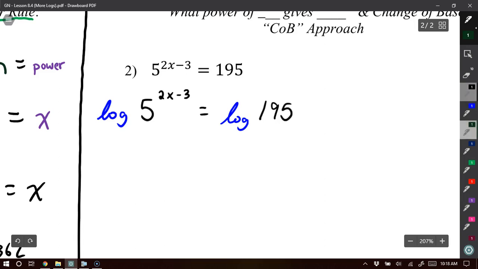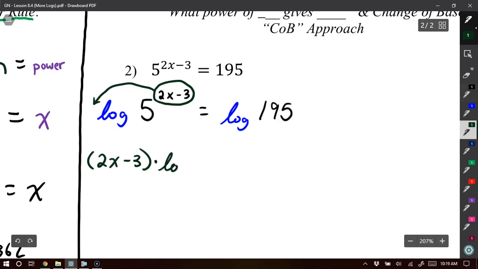So log and power. I'm going to take the power and bring it down. And when you do that, put it in parentheses, 2x minus 3, because it's an entire object, times log of 5 equals log of 195.